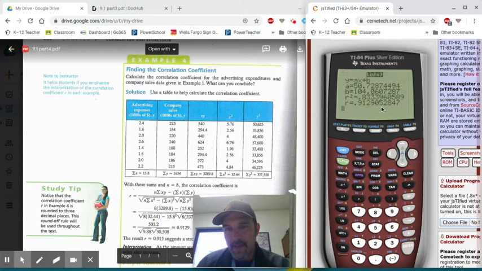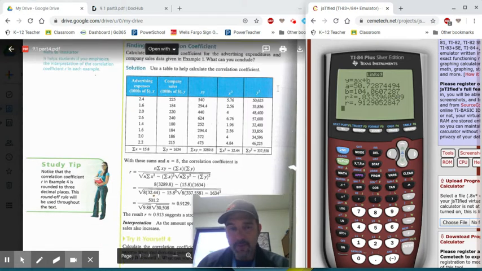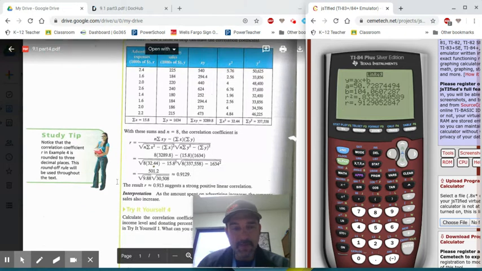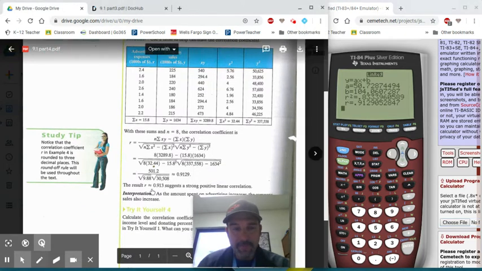This thing is lagging on me. What I'm going to see here gives me my slope, my y-intercept for my regression line, and R squared, which we're not going to use a ton right now. We are going to use R, which is our correlation coefficient. It matches up with what we would get here.